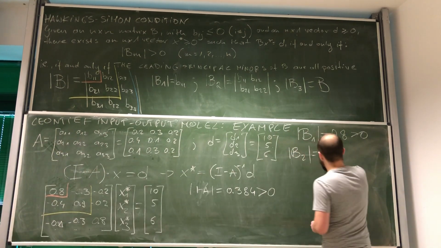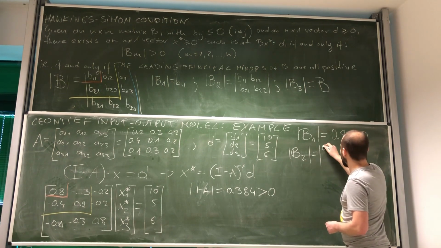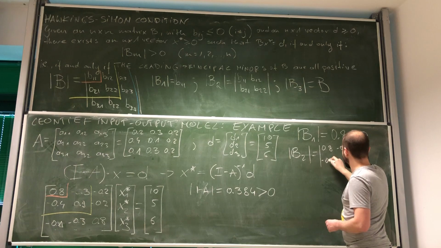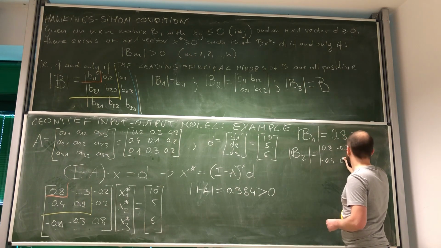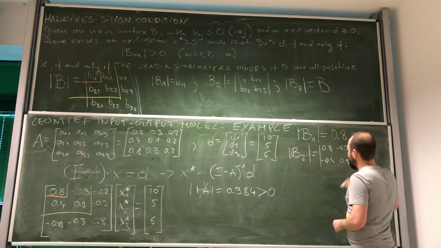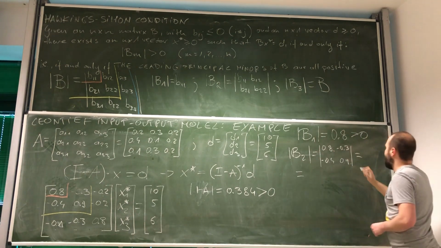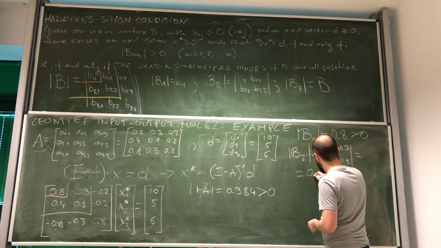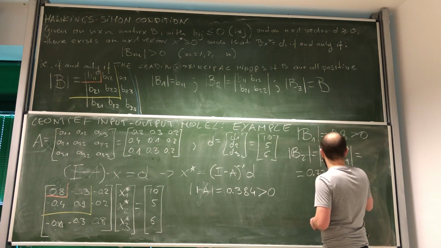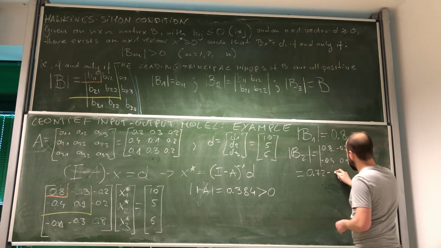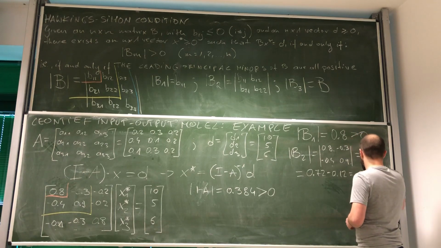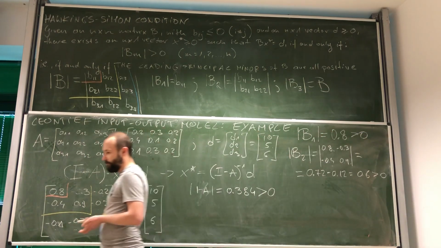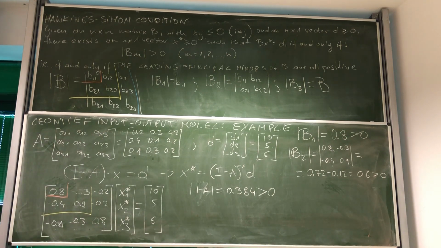B2 is 0.8 times 0.9 minus 0.3 times 0.4, which is 0.72 minus 0.12, it is 0.6. Again, it is bigger than 0.